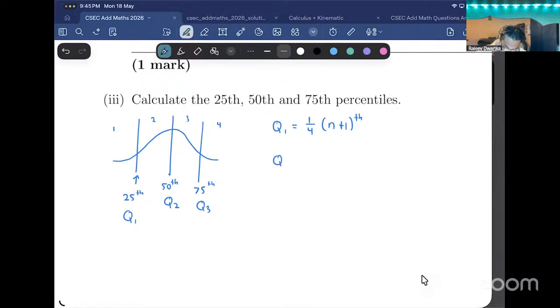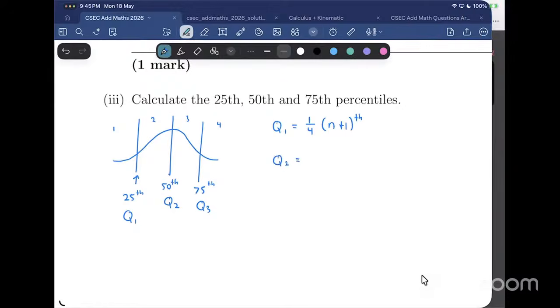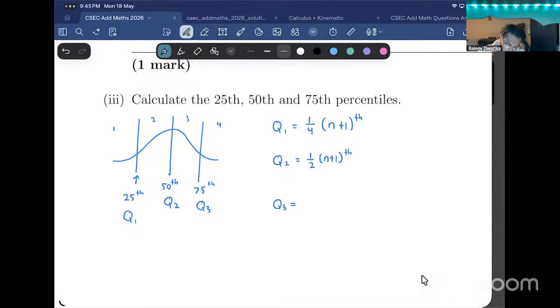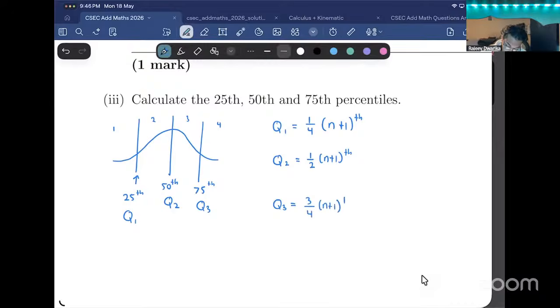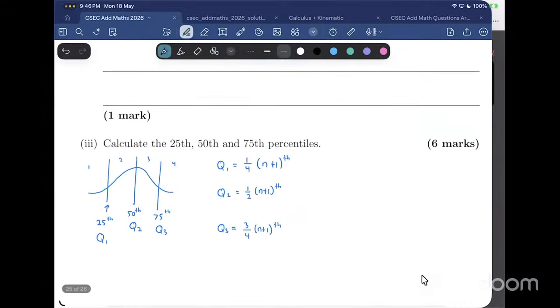Q2 would be 2 over 4, (n plus 1). And Q3 would be 3 over 4, (n plus 1). And this would tell us the position of the respective quartiles.